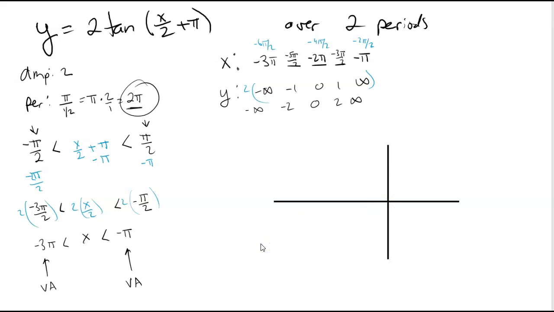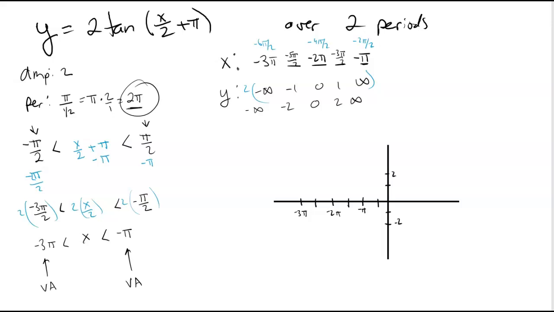Now, I don't want my first number to be my very first increment. So I'm going to skip, because that would be like a negative pi over 2. So this guy is the negative pi, and this guy is kind of like the negative 2 pi, and then this guy could be the negative 3 pi. I'm going to go as high as 2 and as low as negative 2.